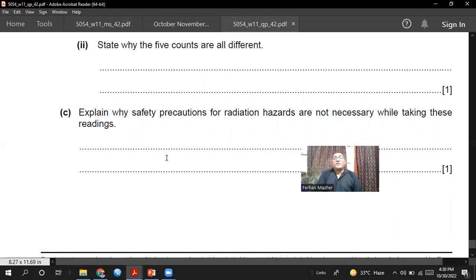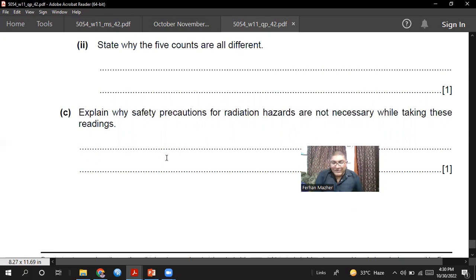Okay, the next question is, explain why safety precautions for the radiation hazards are not necessary while taking these readings. Because the GM tube is being used to find the background radiation in that area. The background radiation is the radiation which is not due to a source near you. It is all the time present around us.